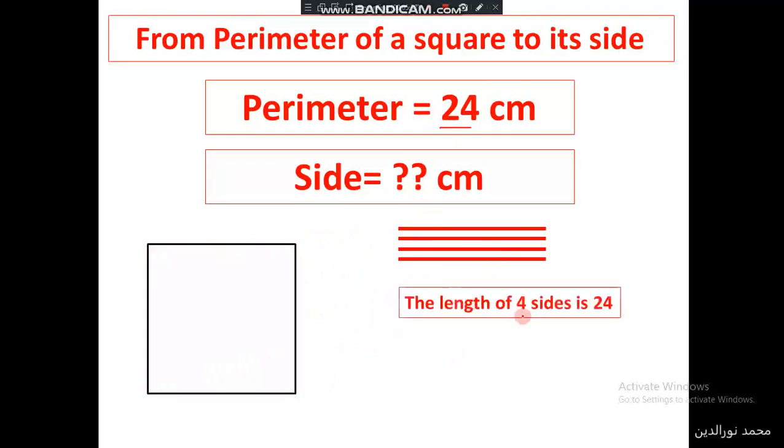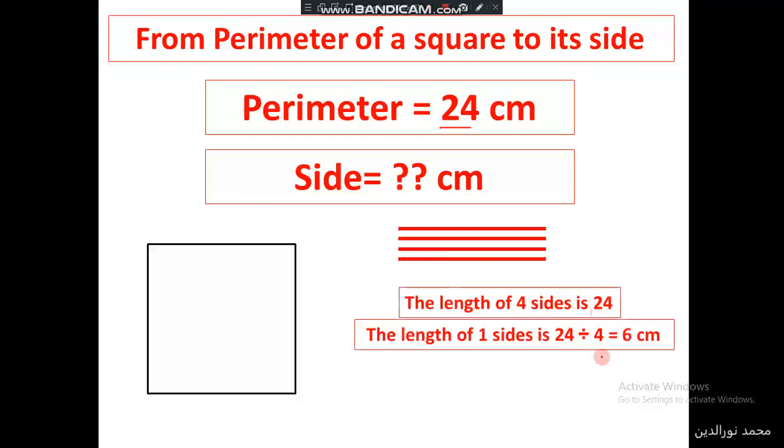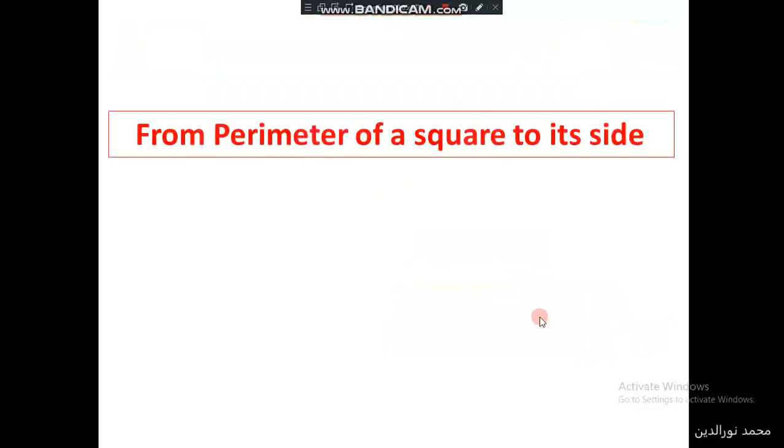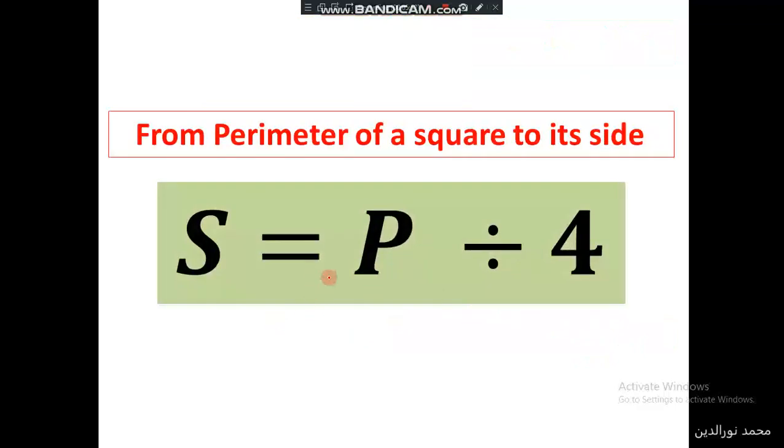The length of 4 sides is 24 centimeters. So the length of one side is 24 divided by 4, which is 6 centimeters. So the formula is side equals perimeter divided by 4, since we have 4 equal sides.